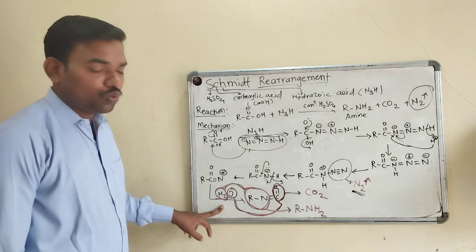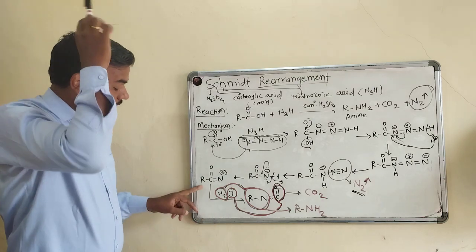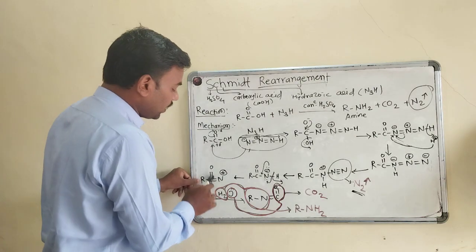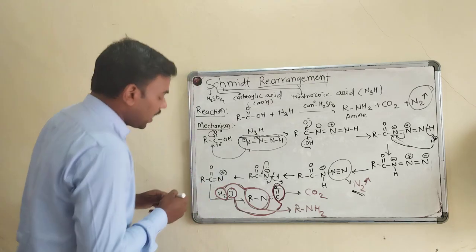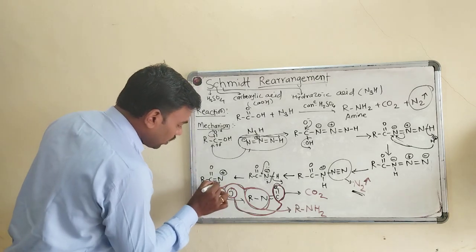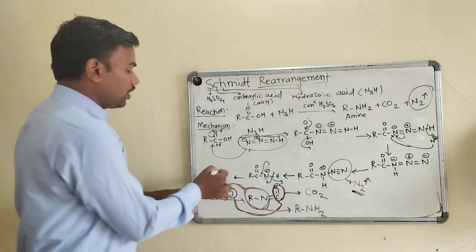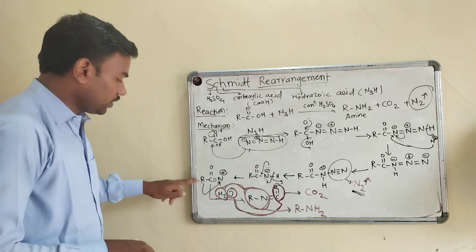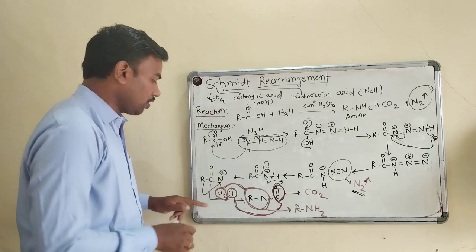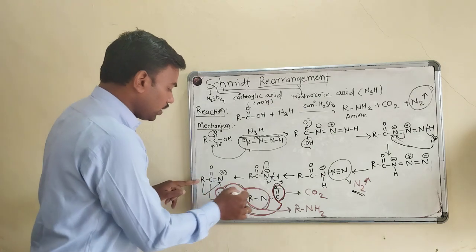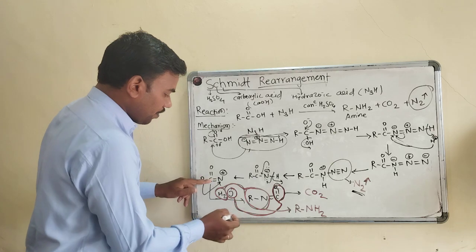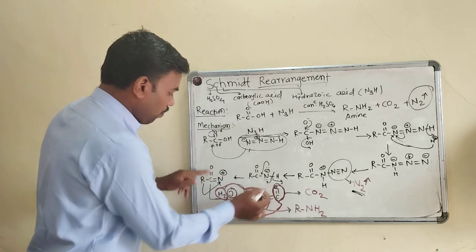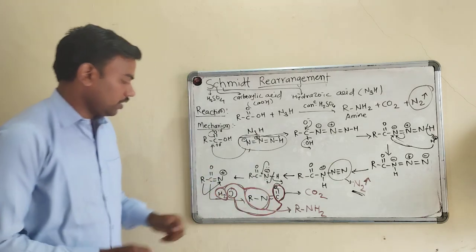So next, we can do hydrolysis, that is H2O. Just I have rearranged this R C double bond O N. So this R is shifted over this nitrogen, as nitrogen is a positively charged species. So nitrogen, R single bond N, double bond C, and C double bond O. This is the structure.